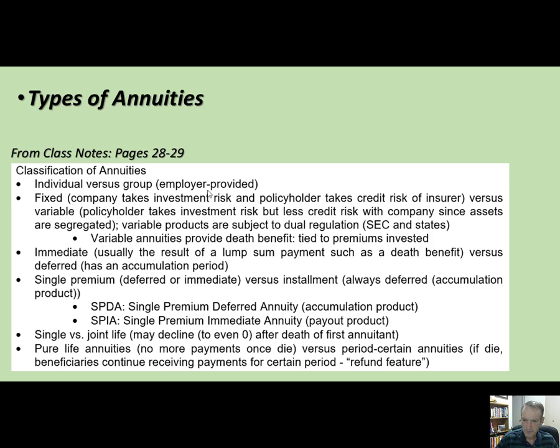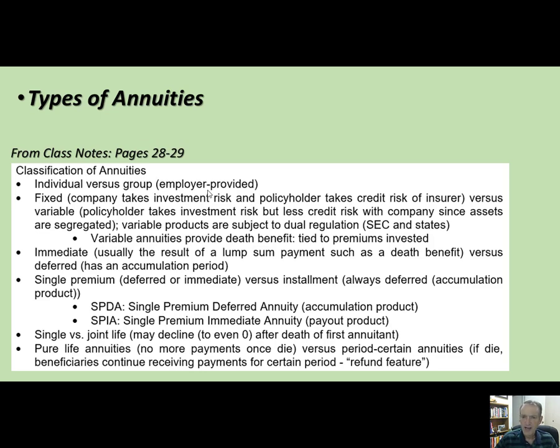So variable annuities provide a death benefit, and we'll talk about that when we do the article. Essentially what they say is, if you die, we will return your premiums back to you, maybe your premiums plus some investment income. That can be huge in a year like 2008 when the stock market falls 35%.